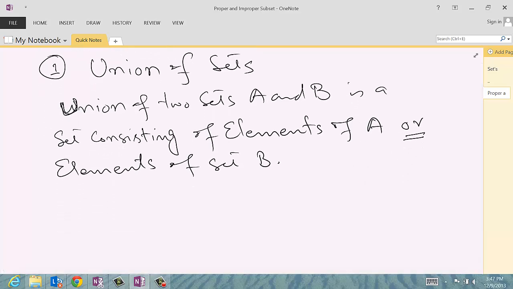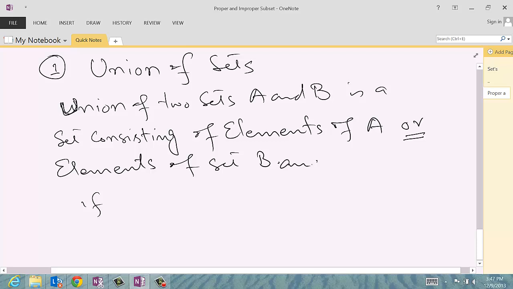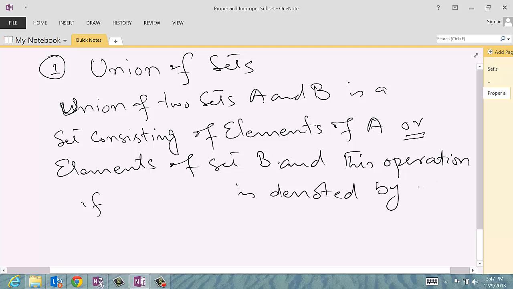So let's take an example. This operation is denoted by this symbol.